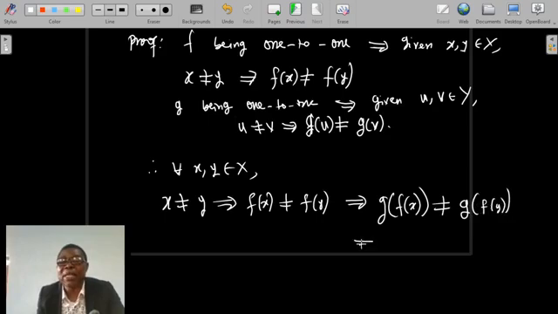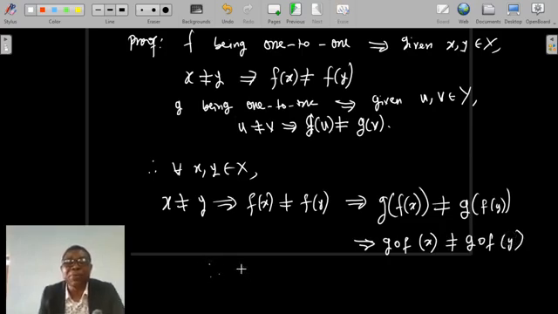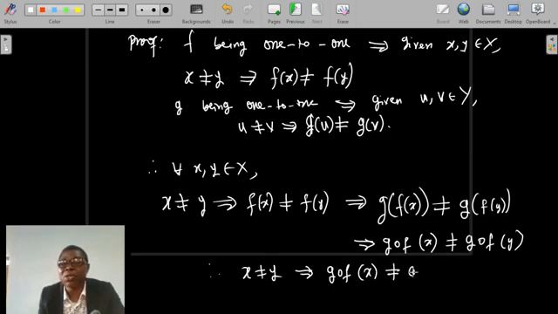And this implies, therefore, that g composed by f of x is not equal to g composed by f of y. So what we've got is, therefore, that x not equal to y implies g composed by f of x is not equal to g composed by f of y. Thus, g composed by f is 1 to 1.